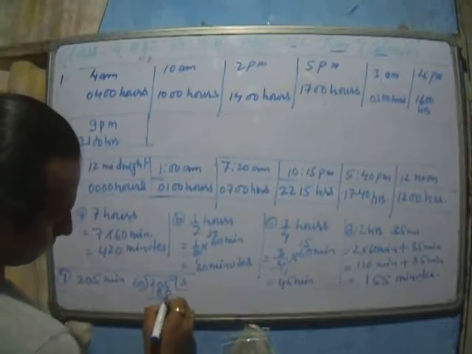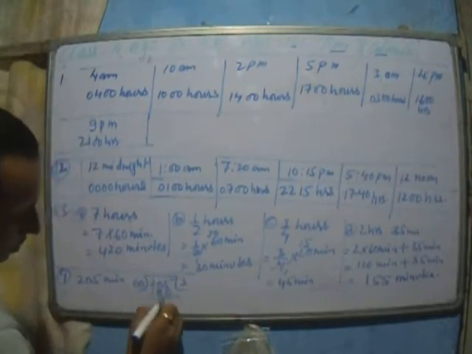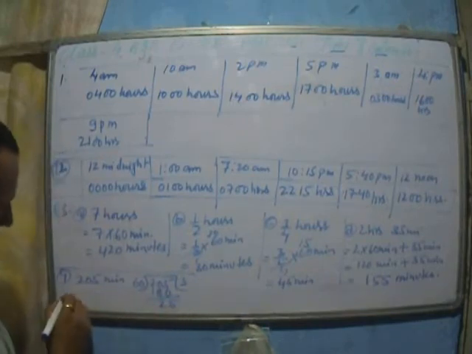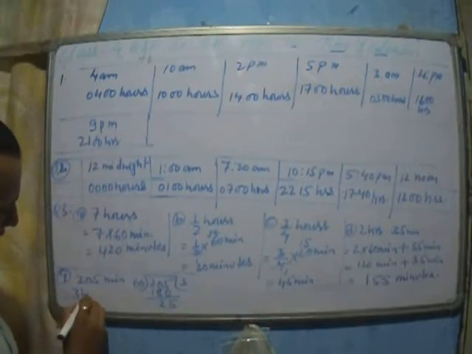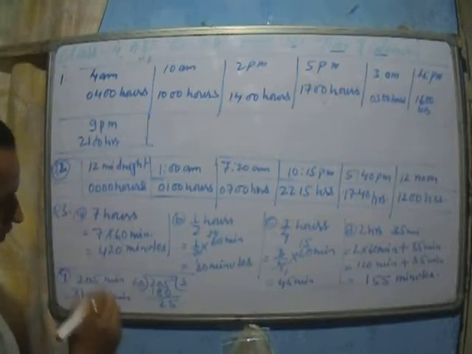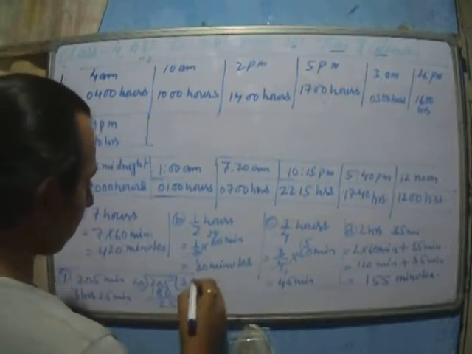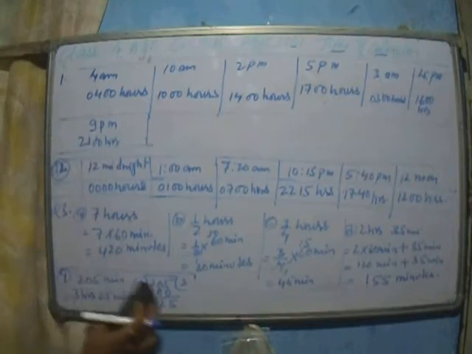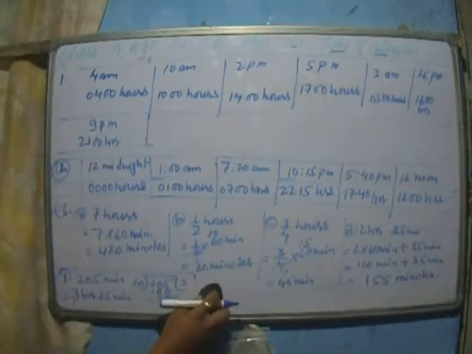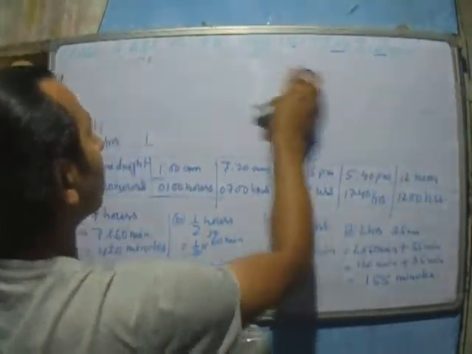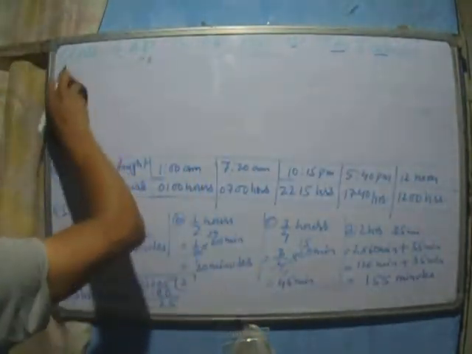Now we are left with the remainder, which is minutes. 205 minus 180 is 25. So it is 3 hours and 25 minutes. Like that we are going to do the rest.